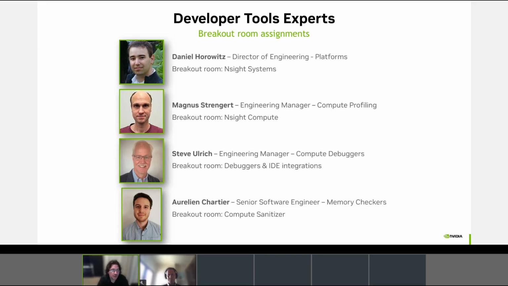You will see a gray bar at the top, and then select the specific breakout room that you want. The list is what I mentioned earlier, and it should appear once you click there. Do note that breakout rooms will be joined by other attendees. So it's not just going to be you and NVIDIA folks. It may be you and NVIDIA folks and other attendees as well. Just making you aware.